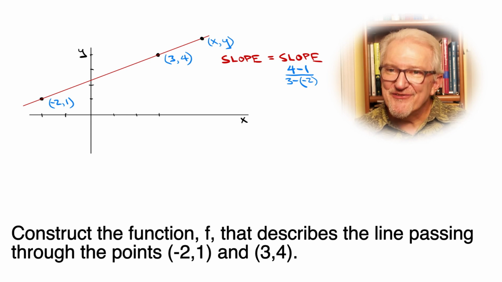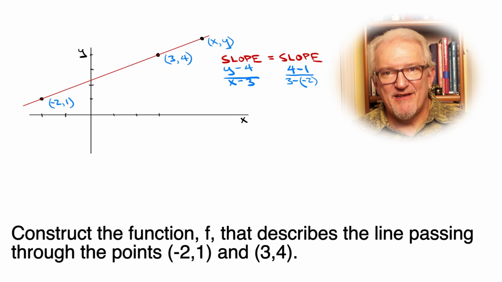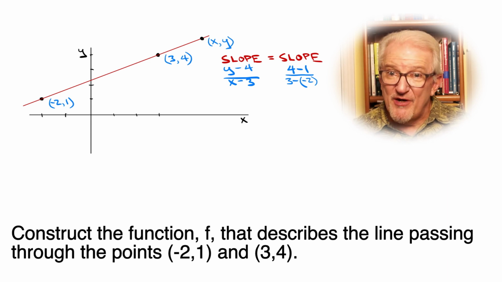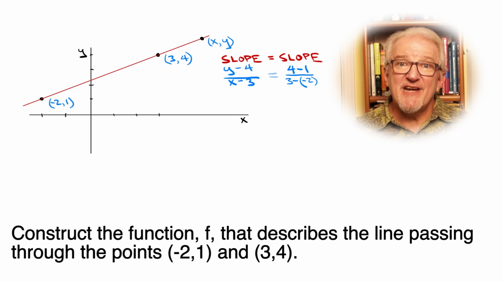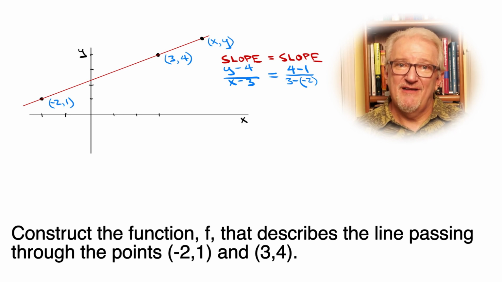But we can also express the slope of the line by using the points (x, y) and (3, 4) to obtain the expression (y minus 4) divided by (x minus 3). Because the slope of a line is the same regardless of the points of the line that are used to express it, these two expressions are equal to each other. That is, slope equals slope.